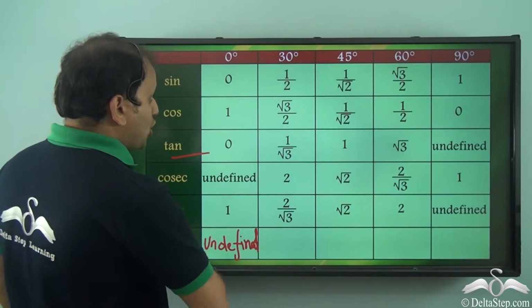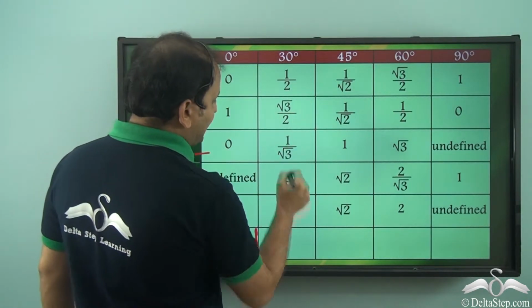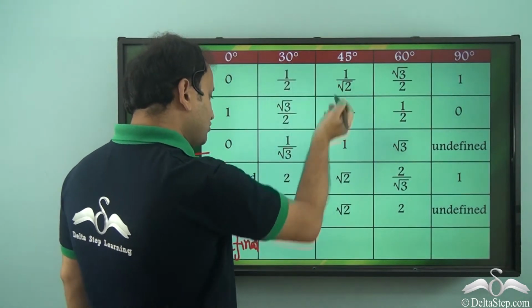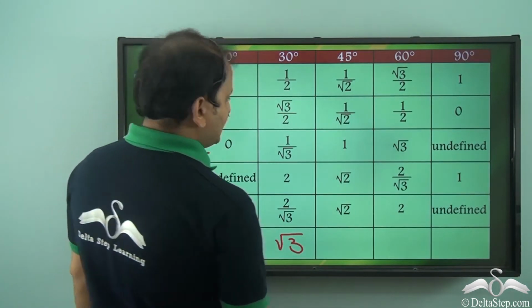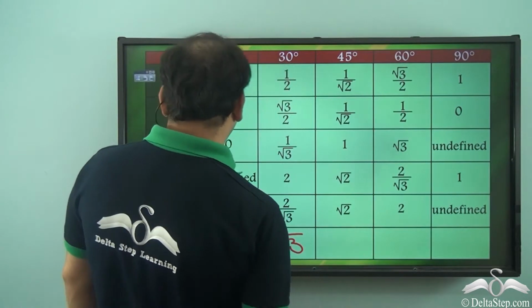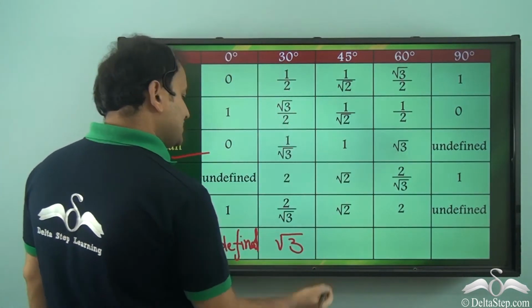Next we have cot 30 degrees. So tan 30 degrees is 1 by root 3. Its inverse will be root 3 by 1 or root 3. Next let's come to cot 45 degrees. So tan 45 degrees is 1. So inverse of 1 is 1 itself.